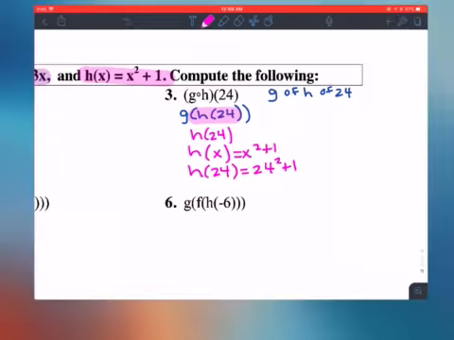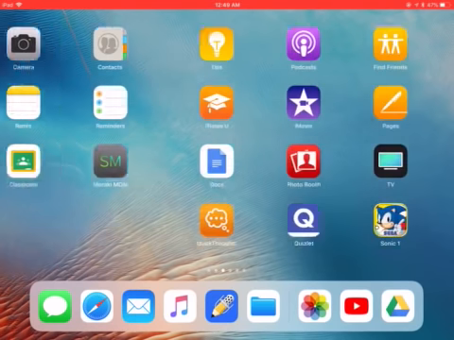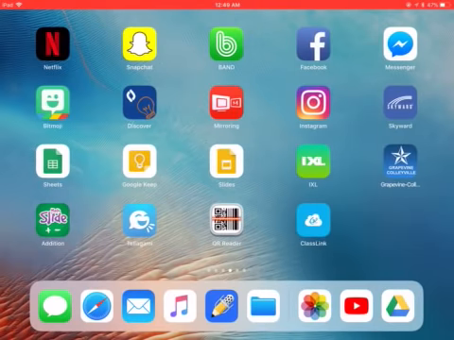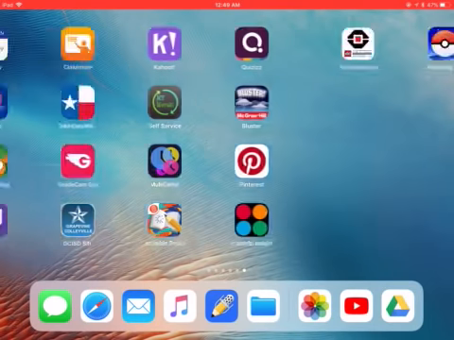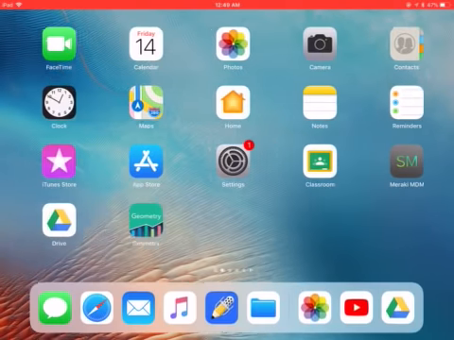Alright, now 24 squared, I'm not going to do that by hand or in my head. I'm just going to plug that into a calculator to save myself some time. Although I can't find my calculator, so I may not be saving time.